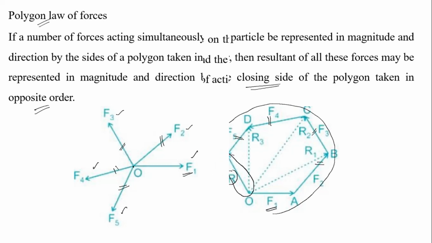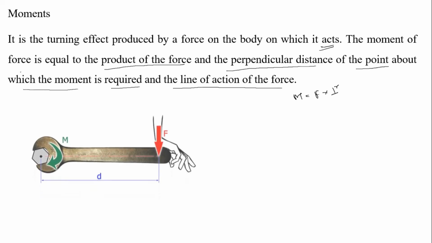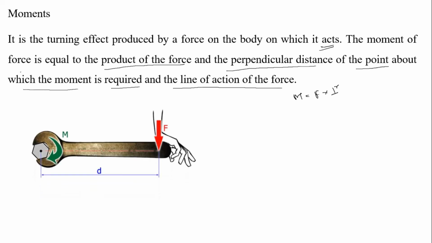Right. Now, moment is the turning effect produced by a force on the body on which it acts. The moment of a force is equal to the product of the force and the perpendicular distance between the point about which the moment is required and the line of action of the force. So, moment is equal to force into perpendicular distance, right? Now, see the picture, and we want to take moment about this point.